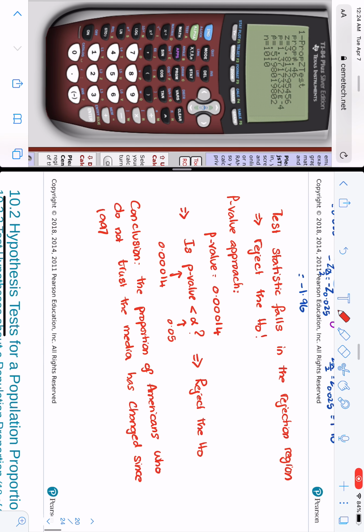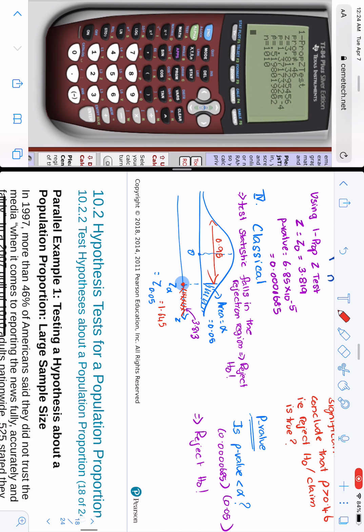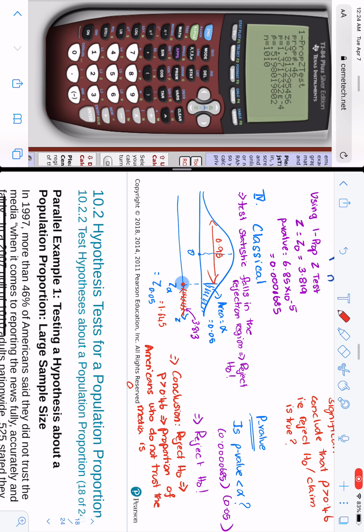So keep in mind, this conclusion agrees with the conclusion here because we rejected the null, which would imply p is greater than 0.46, which would imply the proportion of Americans who do not trust the media is greater than 0.46.